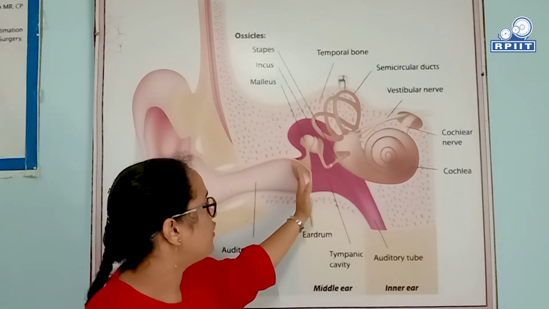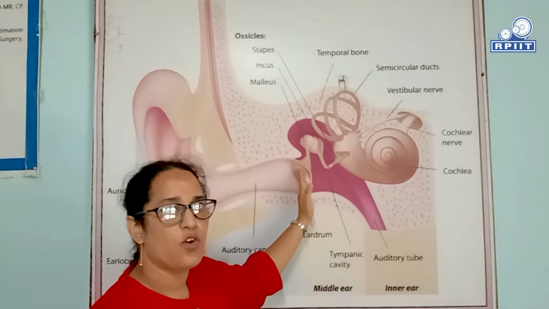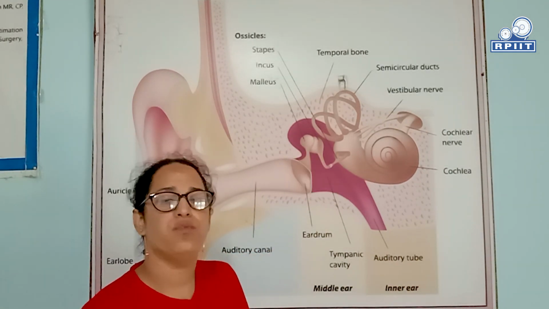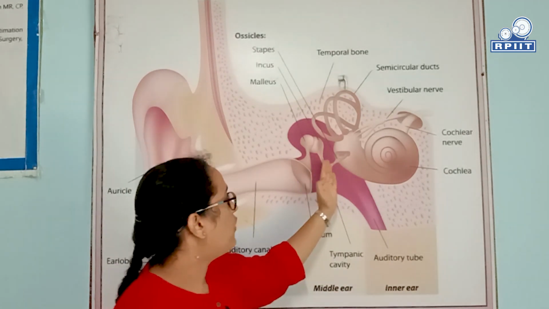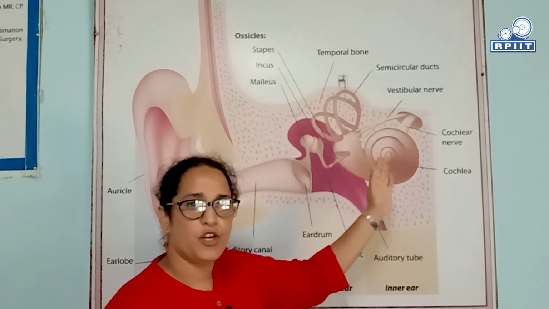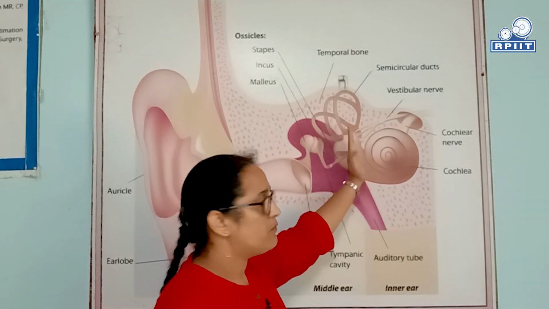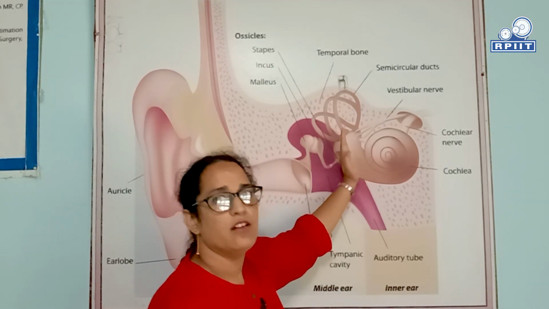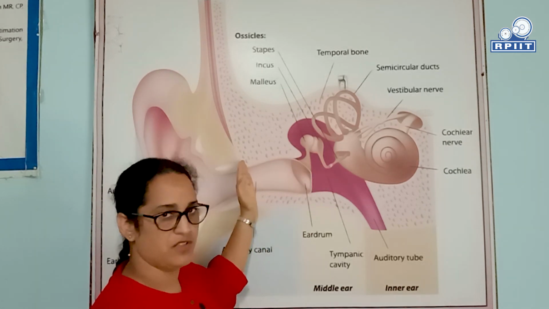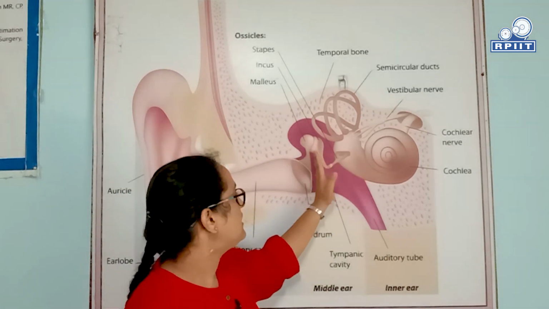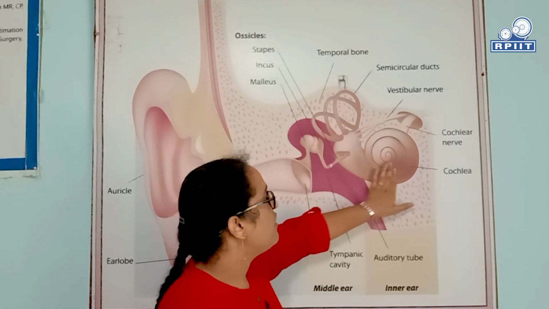As the ossicles are made up of movable joints, they move, and the stapes produces a to-and-fro motion. Before reaching the inner ear these were sound waves, but due to the to-and-fro motion of the stapes, the sound wave converts into a fluid wave.